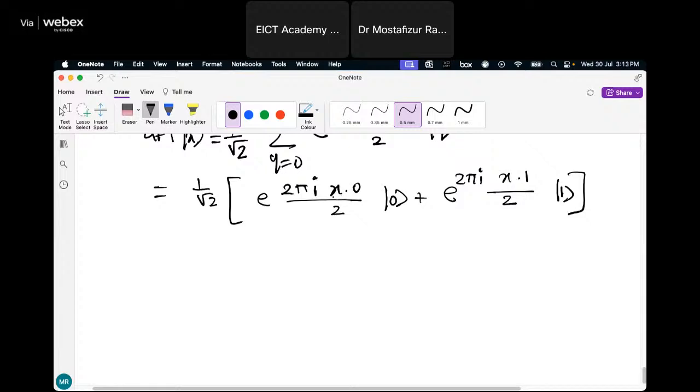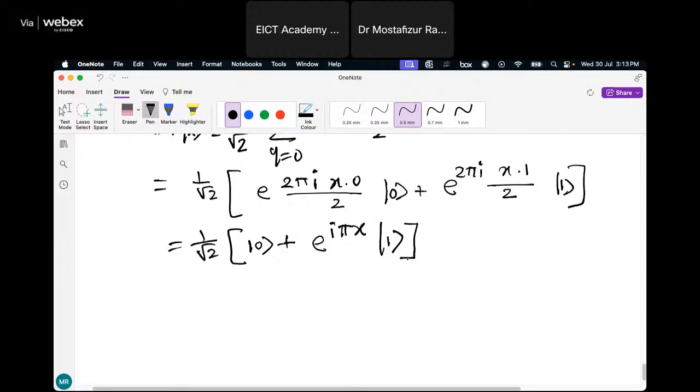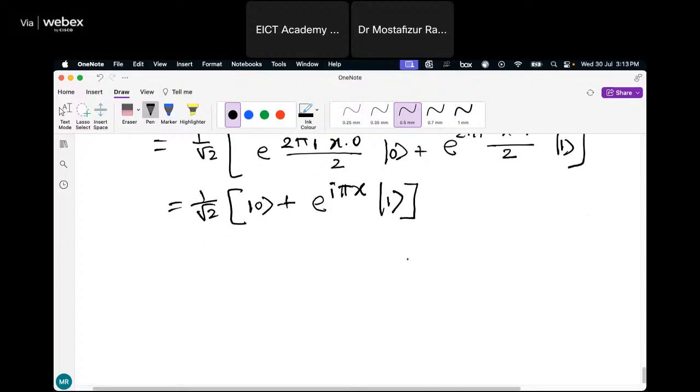Since this is x into 0, e to the power 0 is 1. So what remains is 1 upon square root 2, ket 0, plus e to the power i pi x, ket 1. Today I'll dive in a much deeper way so that you understand the QFT circuit easily.